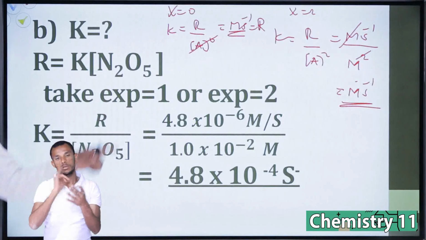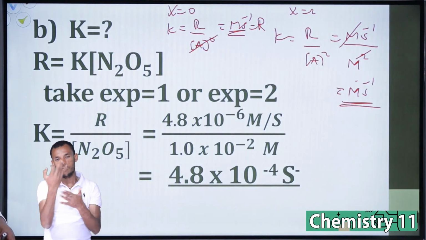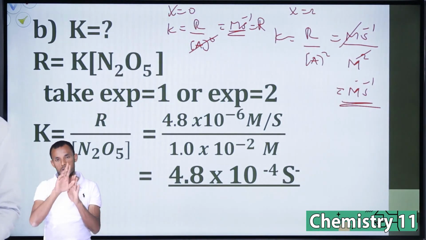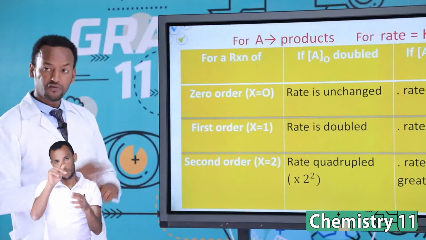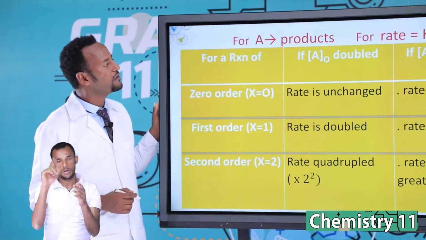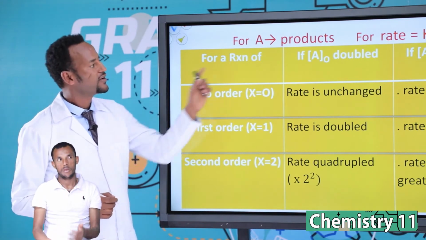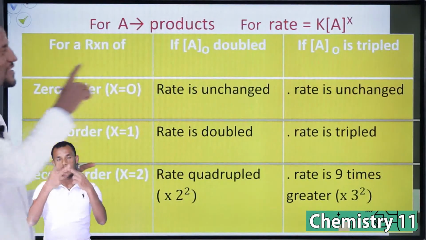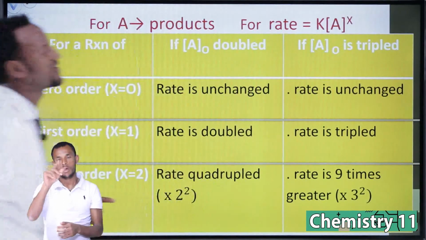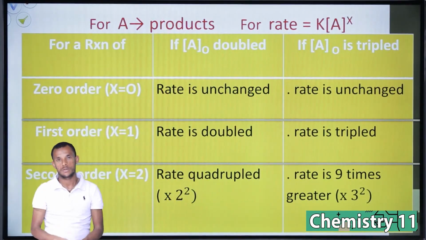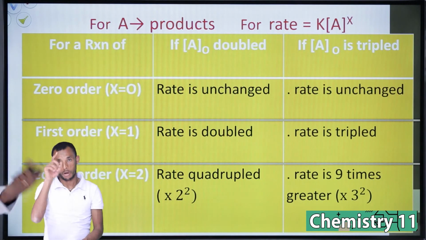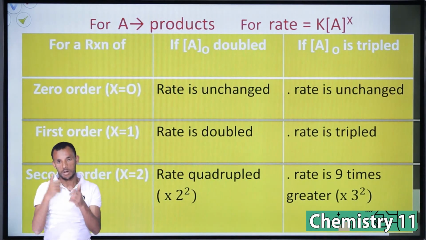By using this formula, determine the unit of rate constant. For simply A converted into products, rate is equal to K A to the power of x. You know x is zero order, first order, second order is possible.